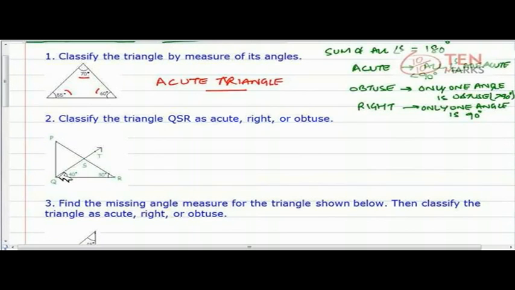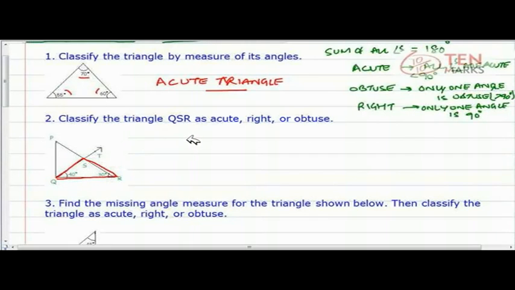QSR, that is this one, right? QSR, this triangle here. Well, I can see two of these angles are given to us, but the third one is not. So let's find the angle S, right? QSR, I need to find this angle because we don't have the measure. I know that the sum of all three angles of a triangle is 180 degrees.